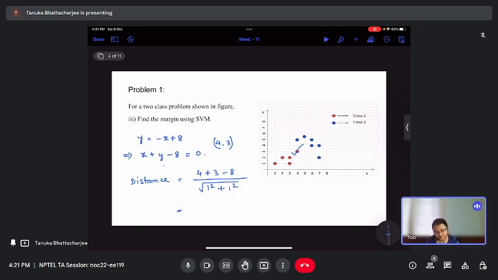So, that becomes minus 1 by root 2. And since this is the distance, it will be the magnitude of this. So, magnitude of this you take 1 by root 2. So, this is your margin. The margin of your SVM classifier will be 1 by root 2.